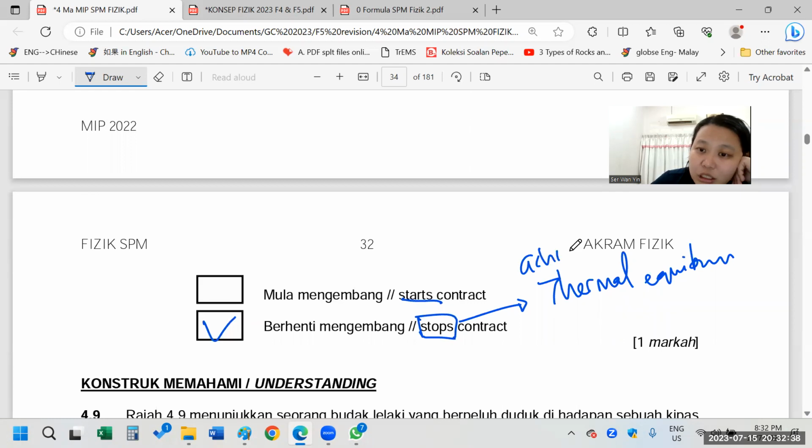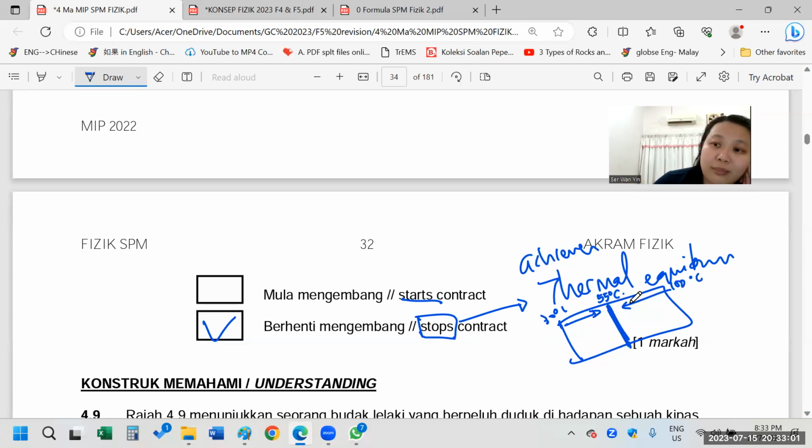When it achieves thermal equilibrium, let's say in the beginning it is 30 degrees Celsius, then this one is 100 degrees Celsius. Finally, it will stop at, let's say, 55 degrees Celsius. So stops means when it achieves thermal equilibrium.